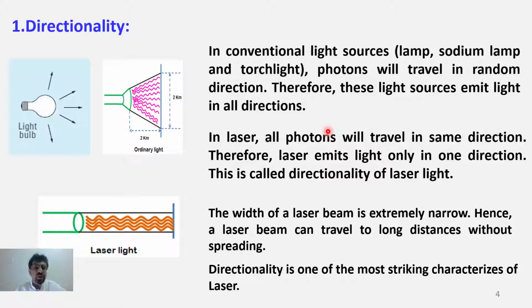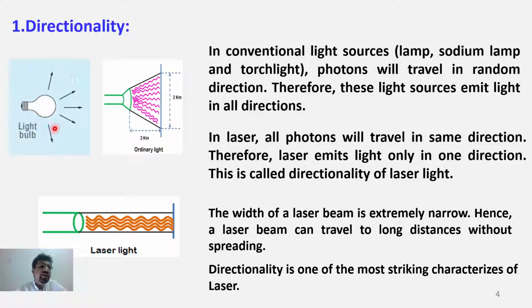Friends, we are going to see in detail the first characteristic, directionality. We know that in conventional light sources such as the lamp, sodium lamp or the torch light, photons travel in random directions. Therefore, these light sources emit light in all directions. Now see here in this figure.